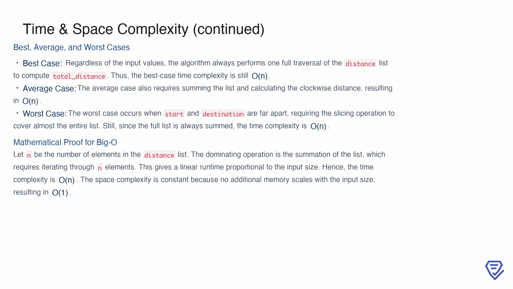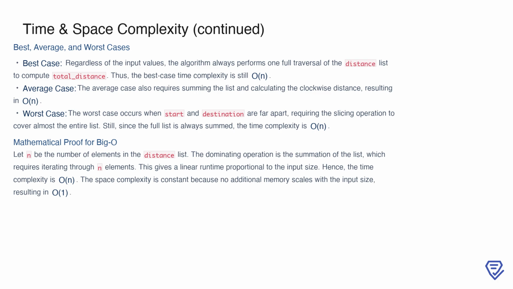In the worst case, if the start and destination indices are far apart, the slicing operation might include nearly the entire list. However, since the summation of the entire list is always performed, the dominant operation still gives a time complexity of O(n). To mathematically justify this, the function performs operations proportional to the size of the input, n, making the runtime linear.